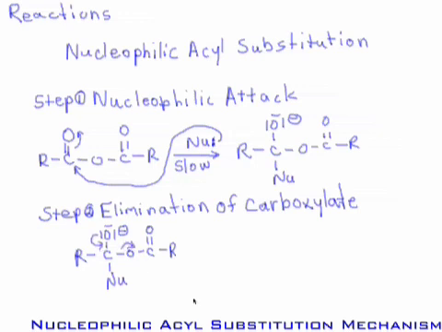The carbon-oxygen bond breaks. Electrons go to the oxygen. You end up with R, C double bond O nucleophile, and you get carboxylate. So you're going to notice in every one of the reactions we look at that this indeed is the mechanism that takes place.